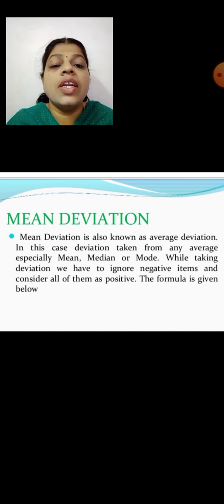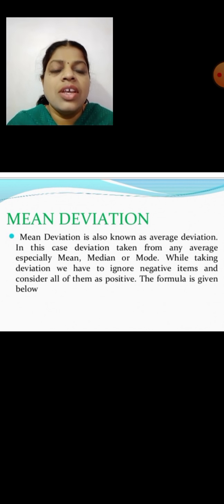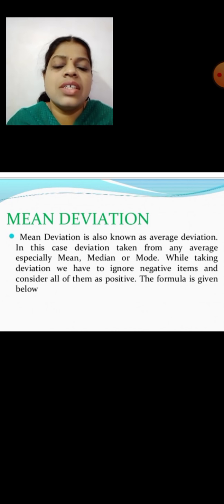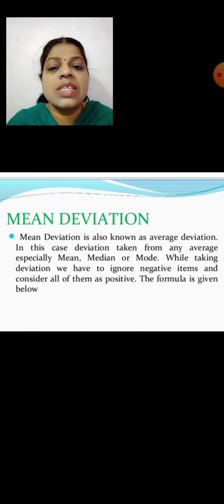While taking deviations, we have to take into account their signs. That is, if the values are negative, we have to ignore the negative signs and consider all of them as positive.